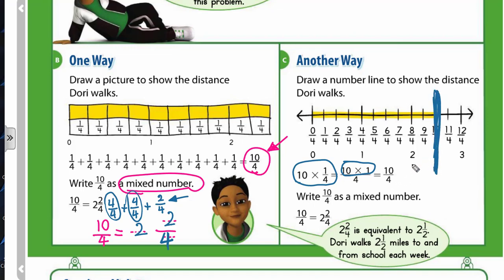It's after 2 by 2/4. So you can use the number line also to convert it to a mixed number, since this is 10/4 here, and it's after the whole 2 by 2/4. Any problems?